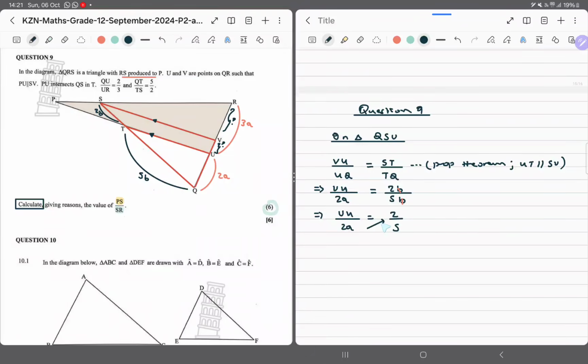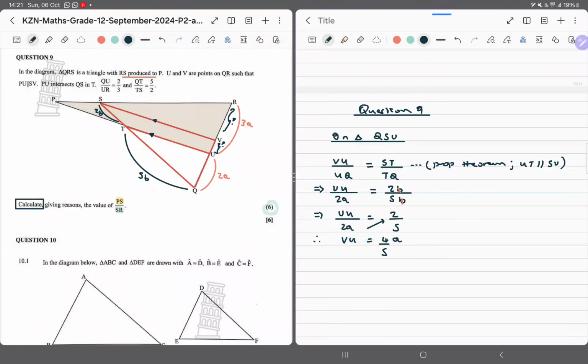Now we cross multiply that. We will see that VU is essentially 2 times 2A, which is 4A over 5. So can you see this is in terms of A. Now we wanted to use that as a means to an end. So what does that mean?